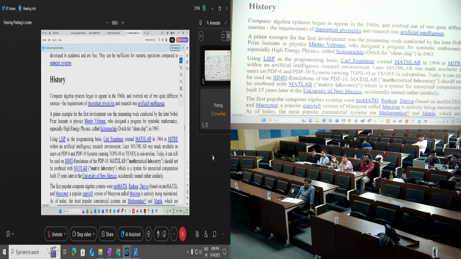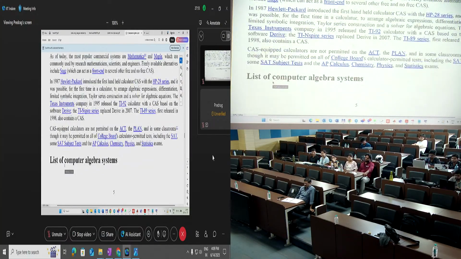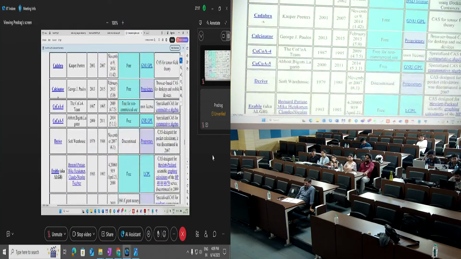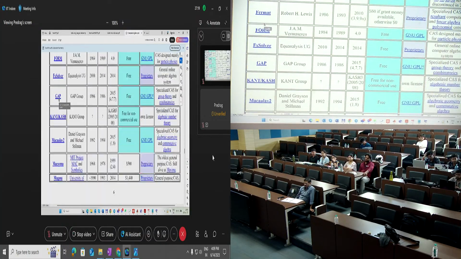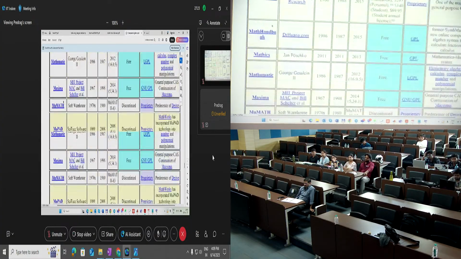MATLAB has the possibility to work symbolically. Here is a list of computer algebra systems. Of course, it is only to see the evolution of computer algebra systems.